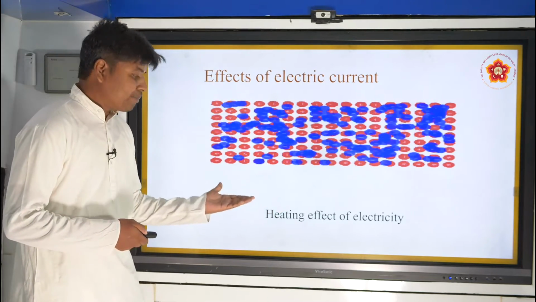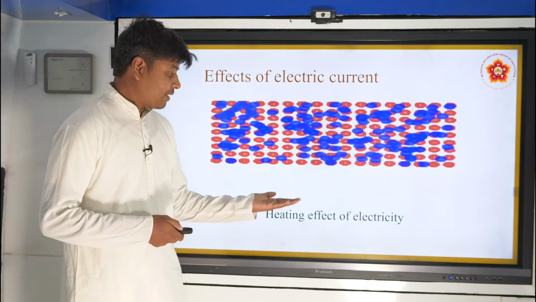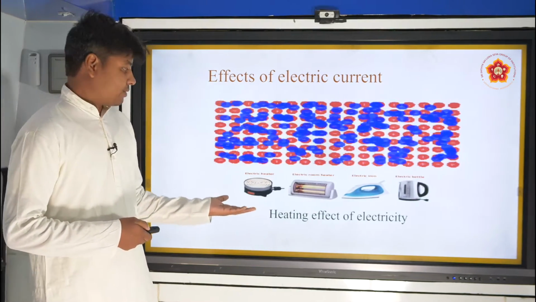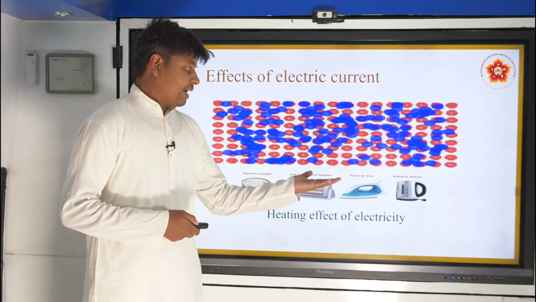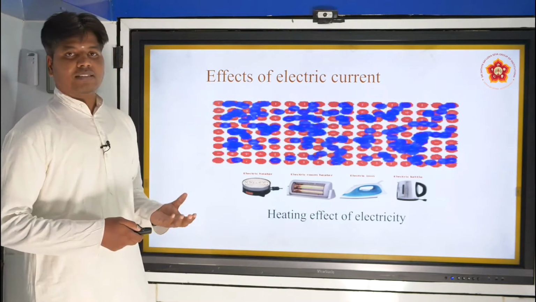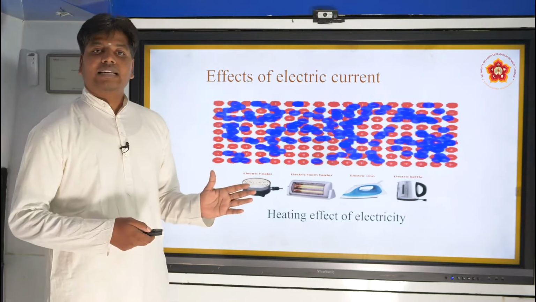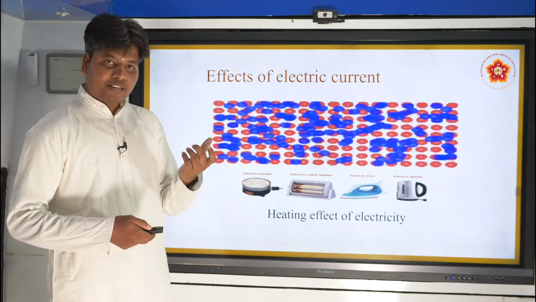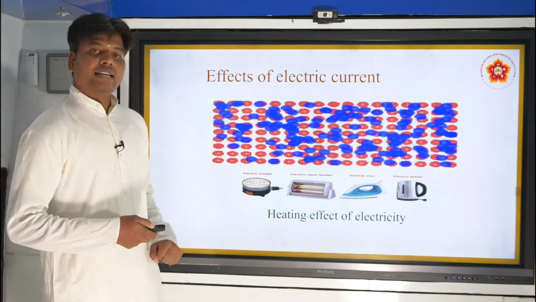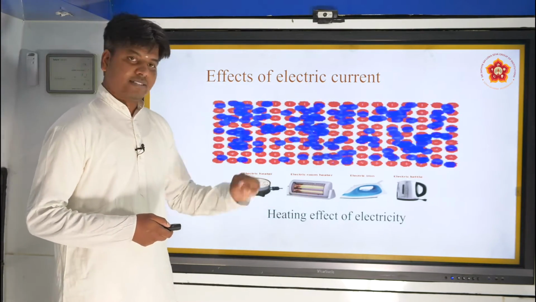The practical applications of the heating effect of electricity are, you can see here, the electric heater, electric room heater, electric iron, electric kettle, and even, in the basic instance, the electric bulb. The filament heats up and it produces light. So these are the practical applications of the heating effect of electricity.